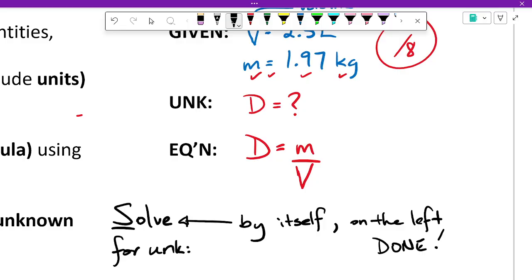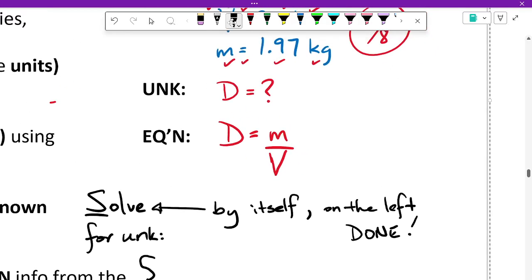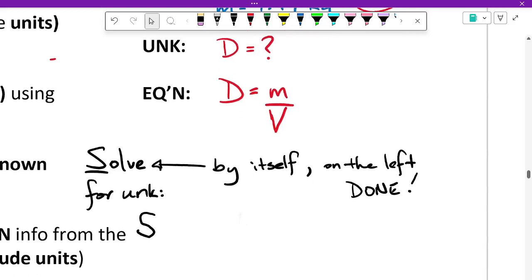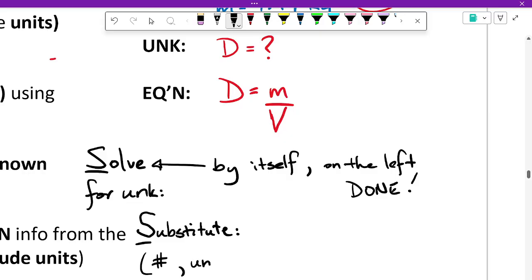What does the second S in guess stand for? Substitute. What are we substituting? We need the number and we need the unit. So we take our formula. We still have D. What do we put on the top now?